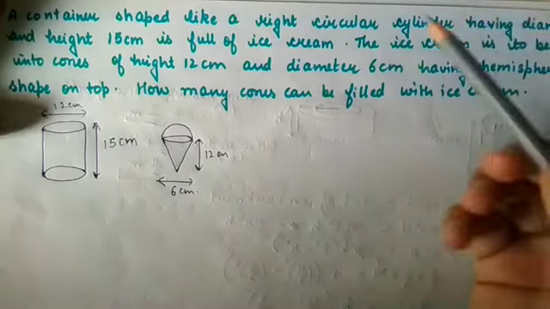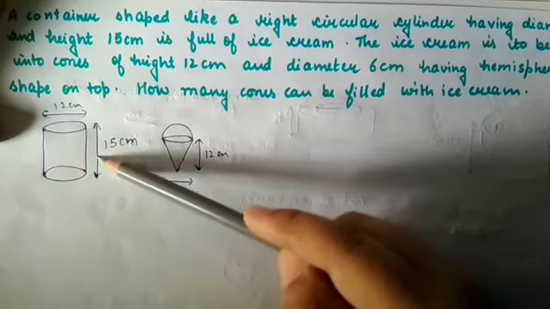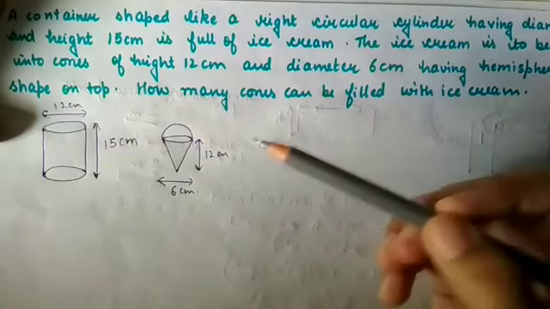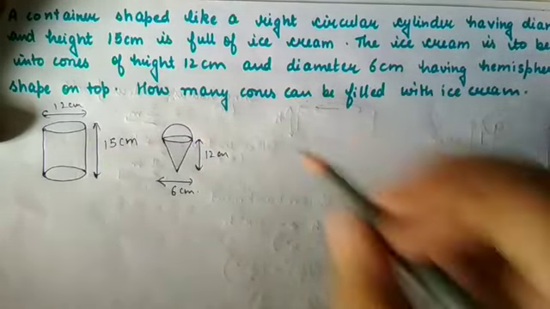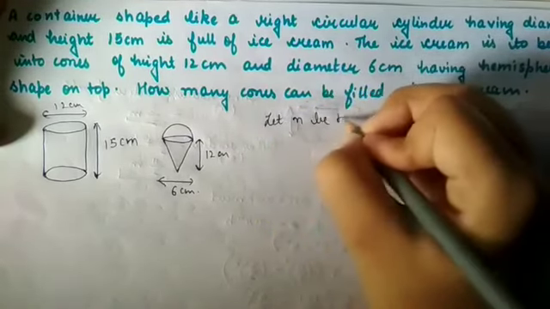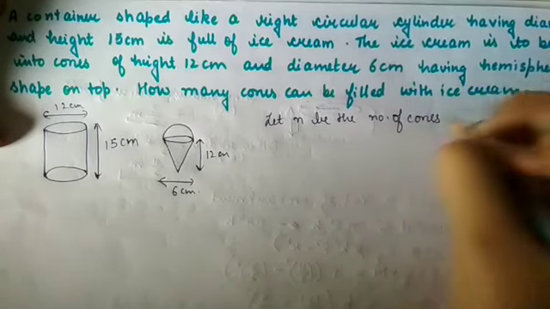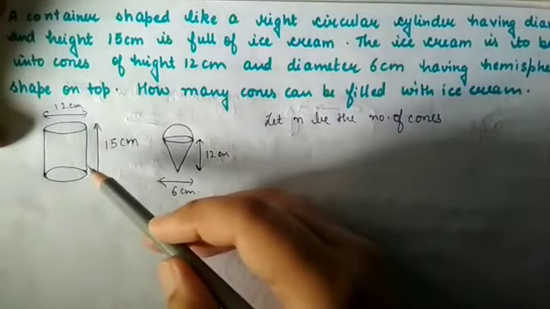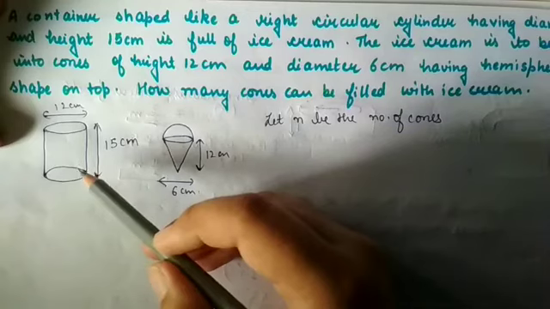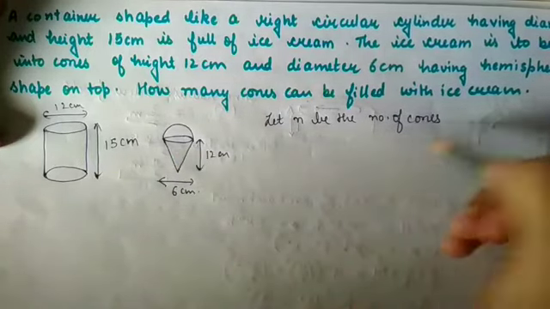So what you will do, you will say the volume of the cylinder is equal to, if you will suppose that there are n cones, so suppose that let n be the number of cones. So you will say volume of the cylinder, or the volume of the container, is equal to n into volume of one cone.